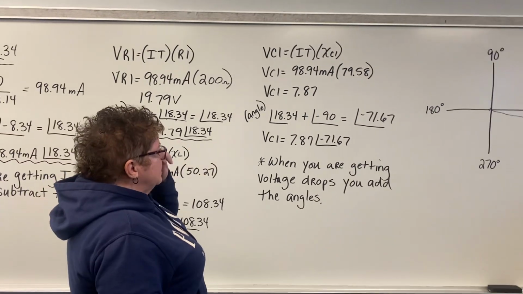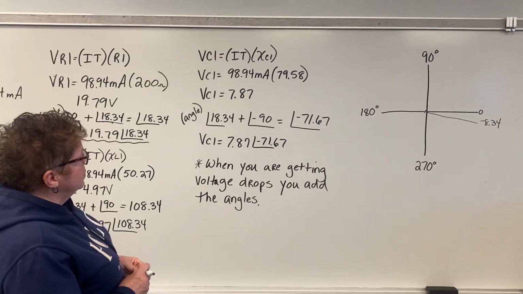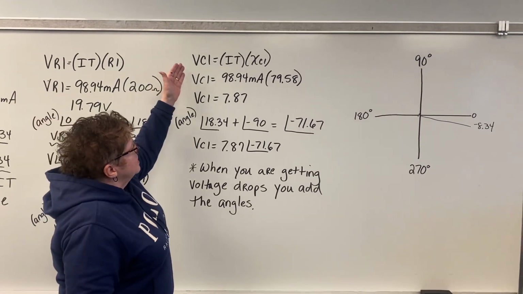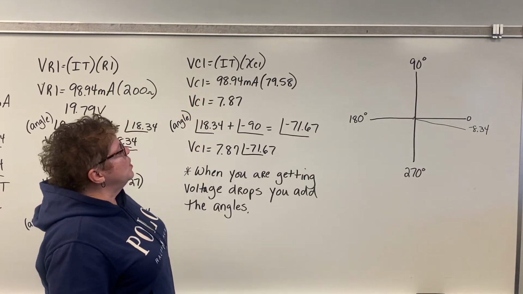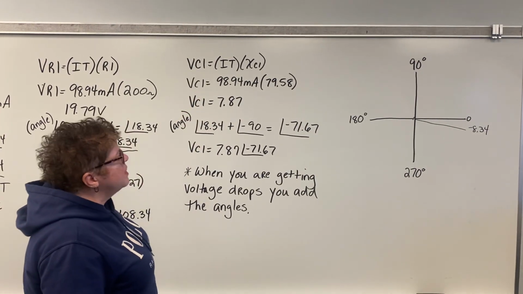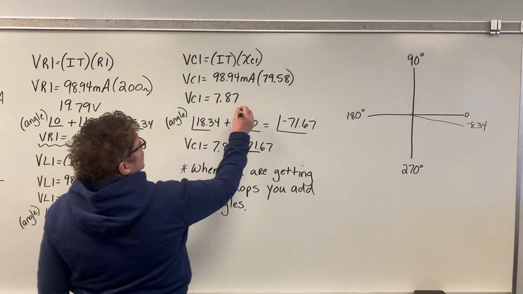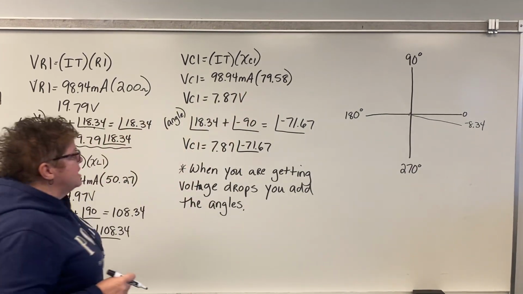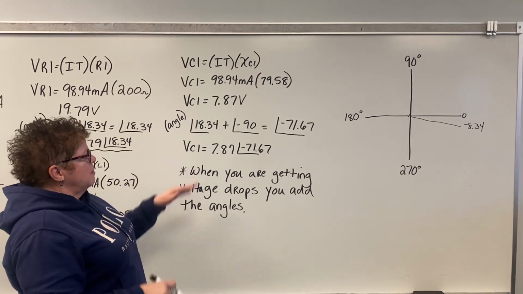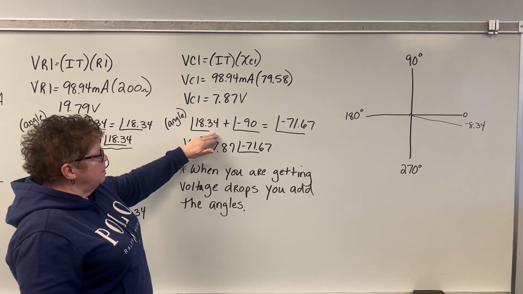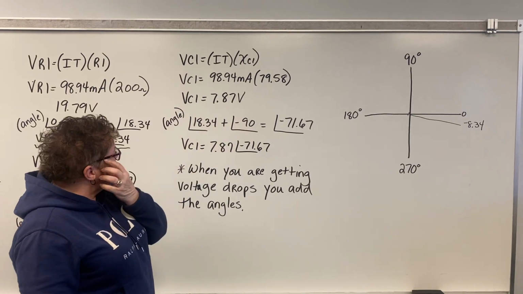The last, we need to get the voltage for the capacitor. So it's I total times X of C1. 98.94 milliamps times 79.58. We get 7.87 volts. To get the angle, again, we're adding them, so it'd be 18.34 plus a negative 90.